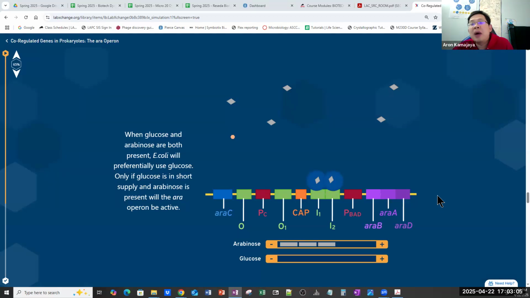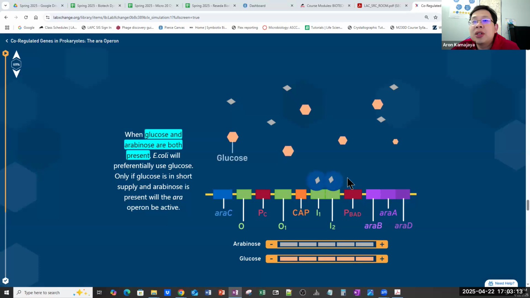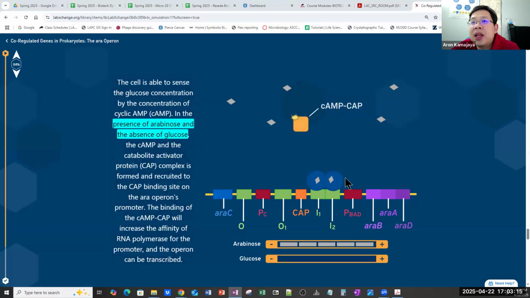However, if you have the RRC that binds to arabinose, it also helps recruit the RNA polymerase. Now, there's this additional thing, the cAMP and CAP protein. Don't worry about it. You can certainly read about what that is, but for our class, don't worry about it. That's another thing that will help to recruit the RNA polymerase and hold it long enough, stabilizing it at the promoter.